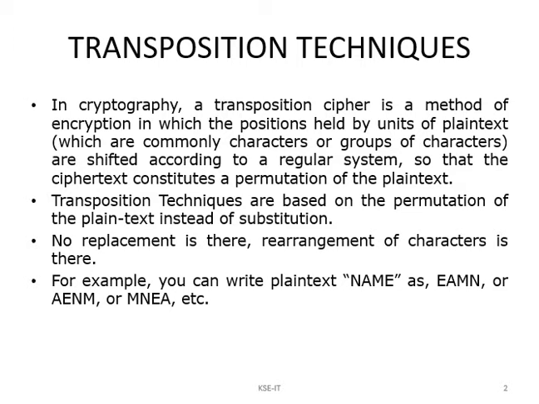No replacement is there. Here the rearrangement of characters is there. For example, you can write the plain text NAME as EAMN or AENM or MNEA, etc. In transposition techniques, rearrangement of characters is done.